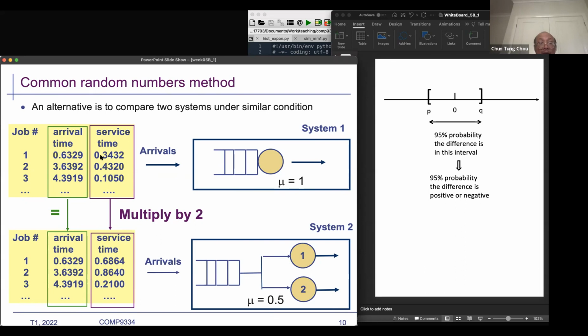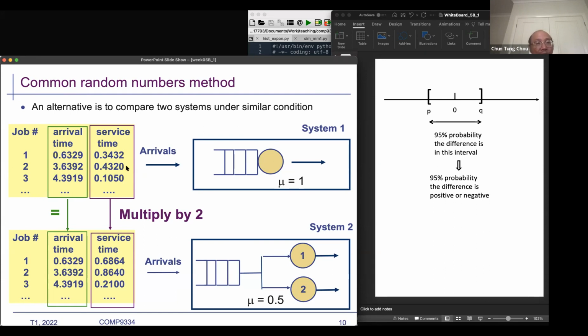So if I multiply 2 of this number, 0.3432, I get 0.6864. Now, the second job, arriving at system 1, arrives at 3.6392. So the second job, arriving at system 2, has the same time.